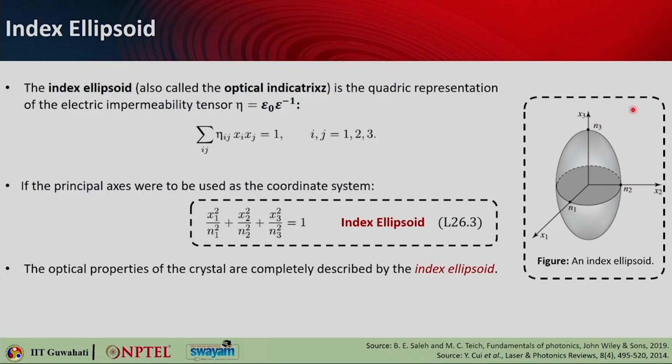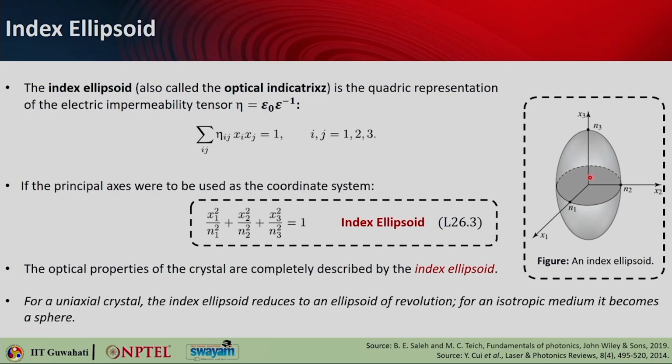So, the optical properties of the crystal are completely described by its index ellipsoid. For a uniaxial crystal, the index ellipsoid reduces to an ellipsoid of revolution. So, it looks like an ellipsoid like this. It can be a prolate or oblate shape depending on whether it is a positive uniaxial or negative uniaxial system.